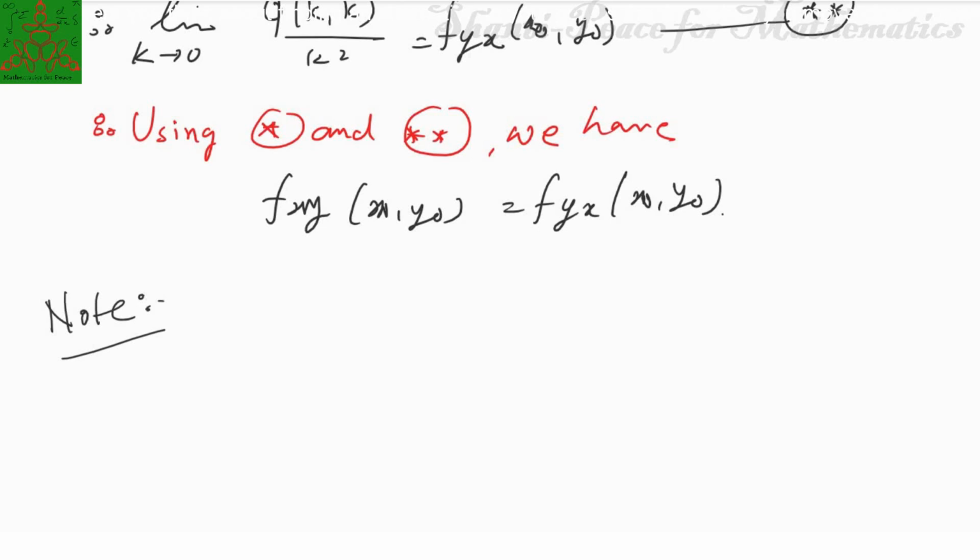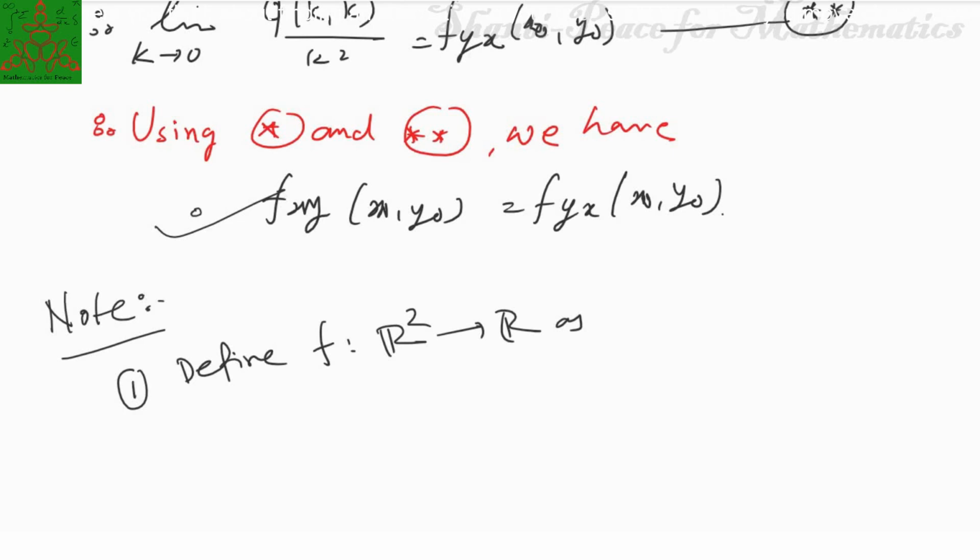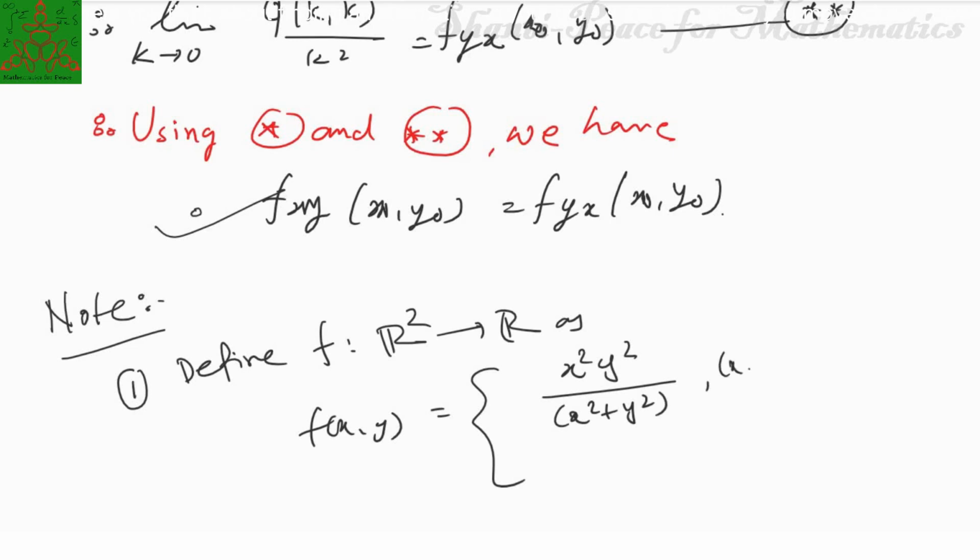If you drop the condition that fx and fy are differentiable, then you cannot say that this condition is satisfied. That we will see via an example. Define f from R square to R as f of xy equals xy upon x square plus y square if xy is non-zero and 0 if xy is 0.